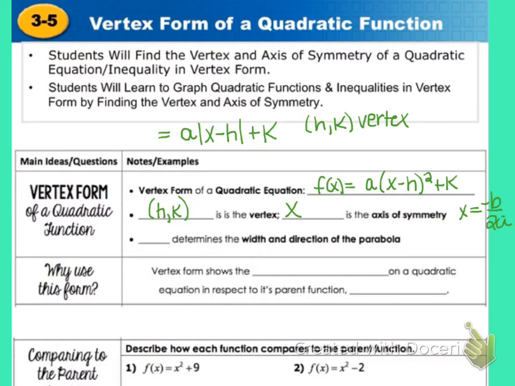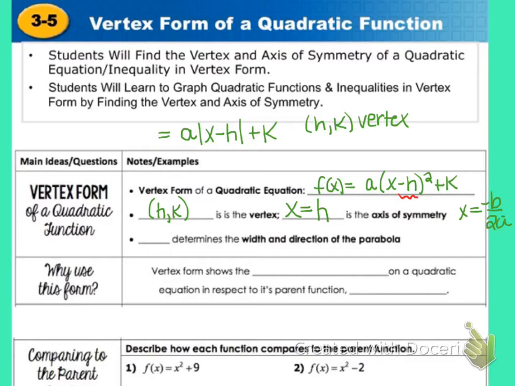But in this case, instead of using a formula, we can just look at what makes this parenthesis part, this x minus h, equal to 0. And so x is going to be equal to h. That's the x-coordinate of the vertex.